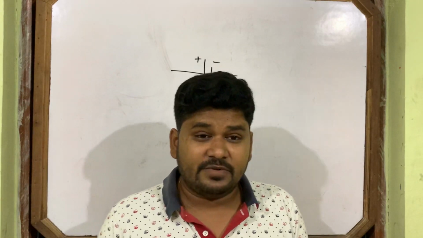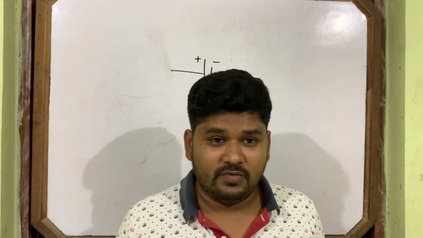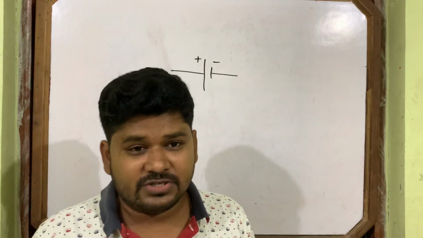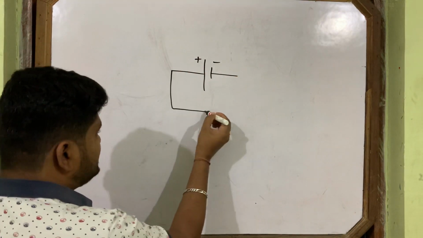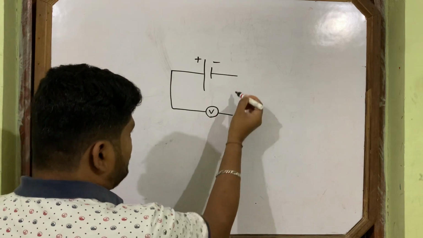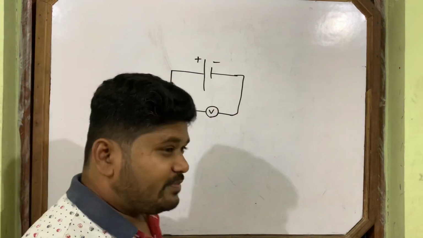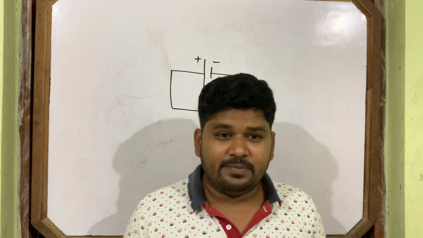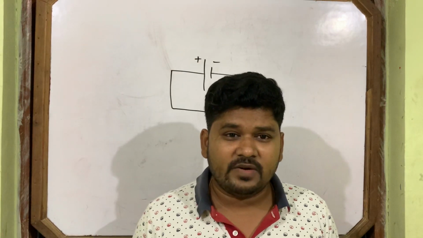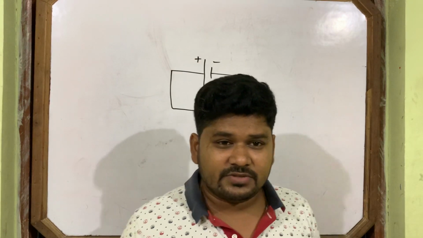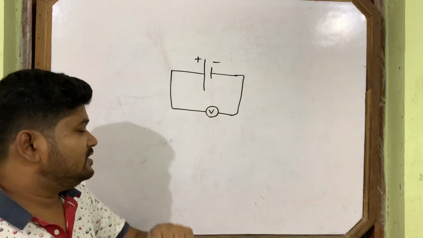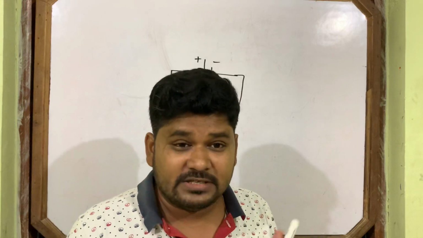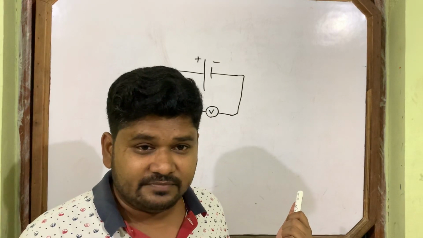If EMF is the potential difference of the cell, then can we use a voltmeter to measure it? I am connecting one voltmeter. What is the requirement of the potentiometer, such a big wooden device? Let's use the voltmeter to measure the EMF of the cell.